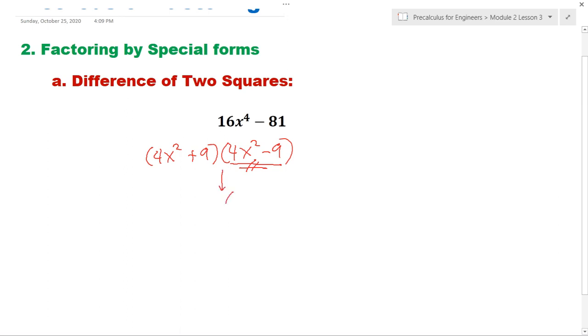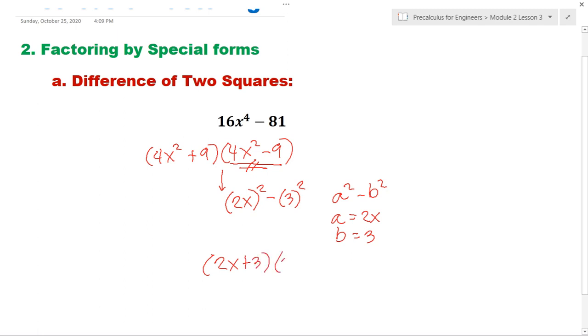Because this can be written as 2x squared minus 3 squared. Diba, class? Wherein it follows our a squared minus b squared. So, we let a is equals to 2x and b is equals to 3. Therefore, we can factor this as 2x plus 3, then factor out by 2x minus 3.